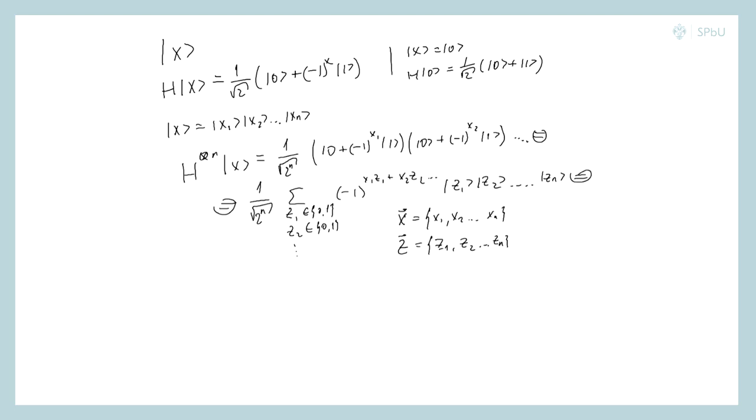With this notation, the expression could be again rewritten in the form of 1 over the square root of 2 to the power of n, sum over z, whose values run over the n-bit string, minus 1 to the power of x z, to the state z.